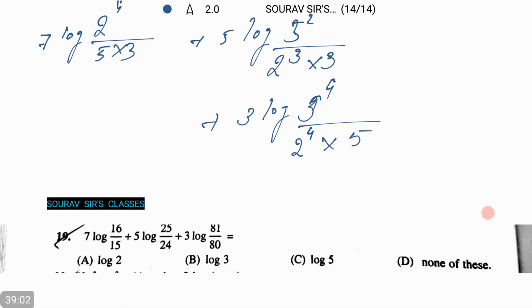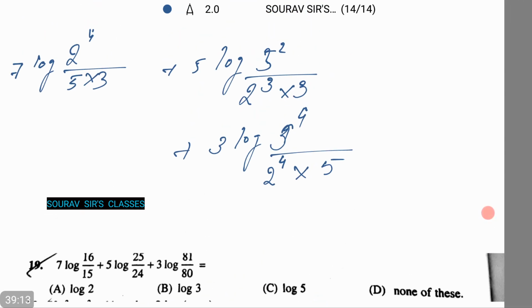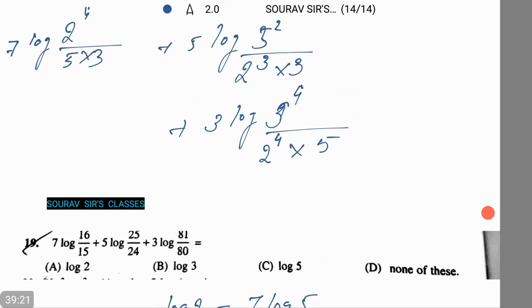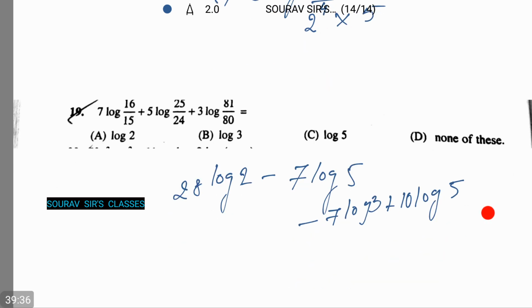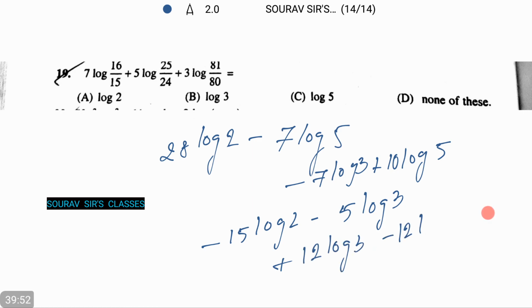So what we have here is 28 log 2 minus 7 log 5, minus 7 log 3, plus 10 log 5, minus 15 log 2 minus 5 log 3, plus 12 log 3 minus 12 log 2 minus 3 log 5.